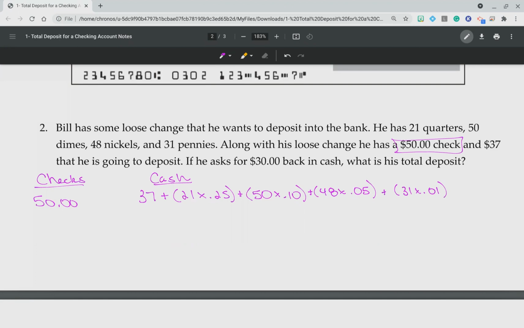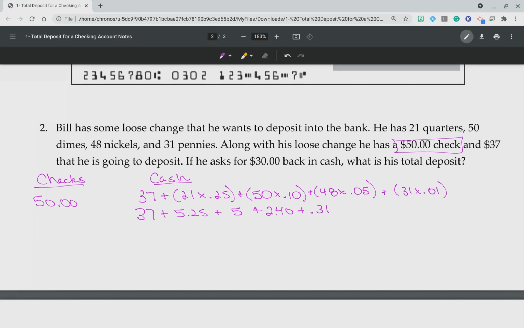All right, so then I have $37 plus 21 times 0.25 is $5.25. 50 times 10 cents is 5, plus 48 times 5 cents is $2.40, plus 31 times a penny is 31 cents.